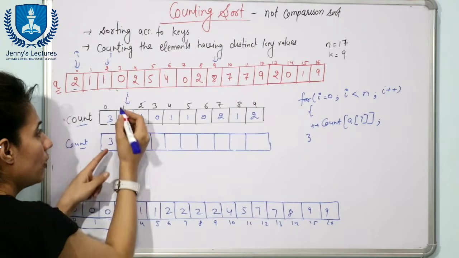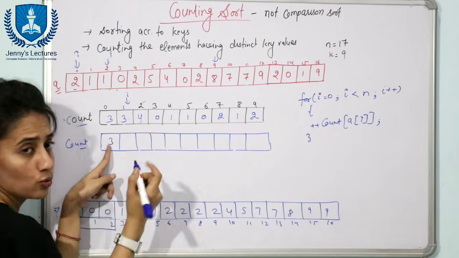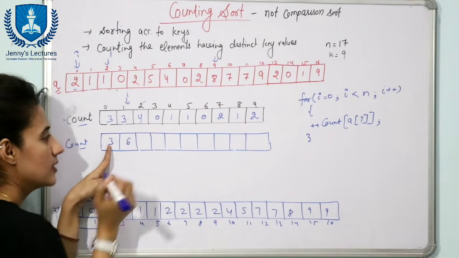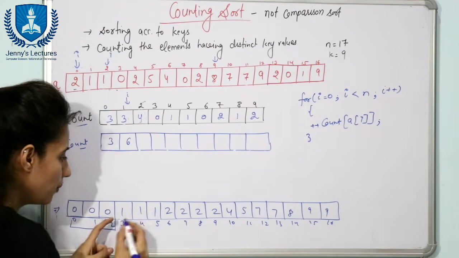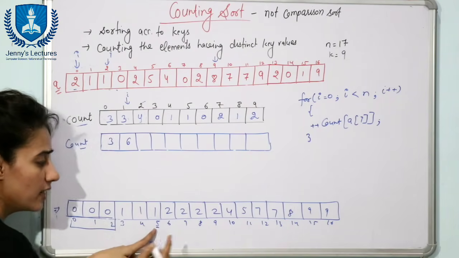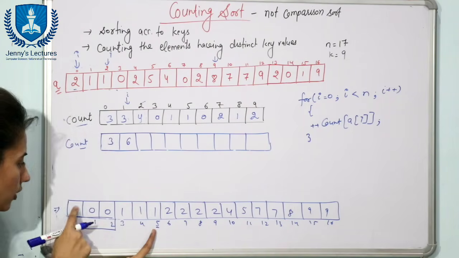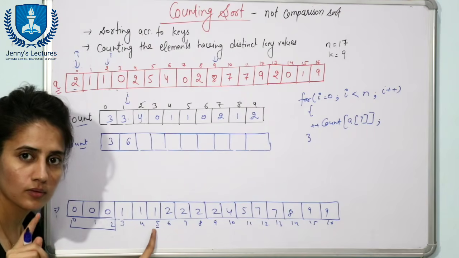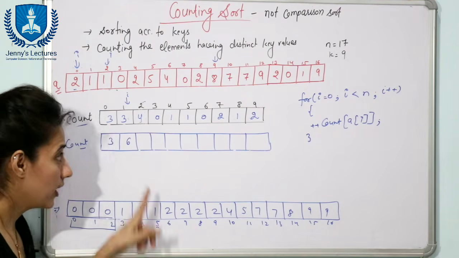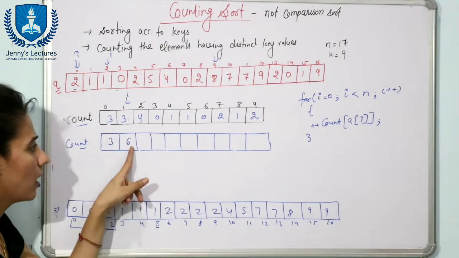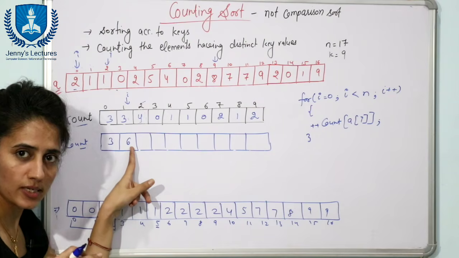So the position of 1 would be, see, after these 3 zeros, 3 plus 3, that is 6, up to 6. See, the index is 5 but the position is 6: 1, 2, 3, 4, 5, 6, right? So here we are going to take the count. That is why we are going to take the 6.